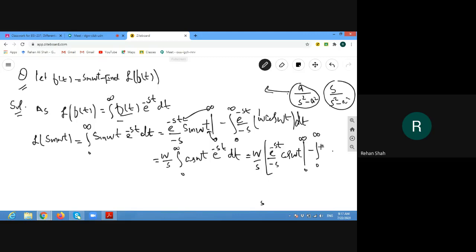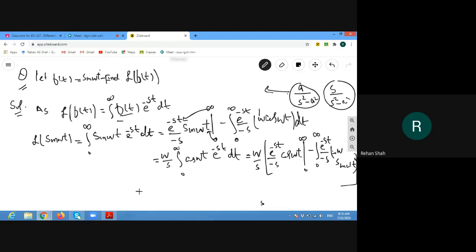Now e power minus st divided by minus s, and the derivative of cos omega t is what? Minus omega sin omega t into dt, और एक बड़ा bracket भी लगा ले.